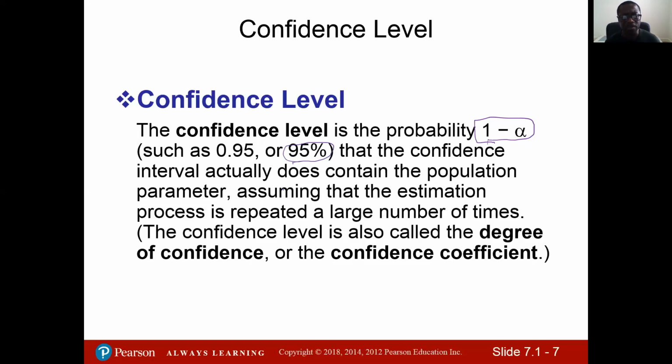That is the confidence that the interval actually does contain the population parameter, assuming that the estimation process is repeated a large number of times. The confidence level is also called the degree of confidence, or sometimes the confidence coefficient. Alpha is a small value, which we'll explain in a minute.